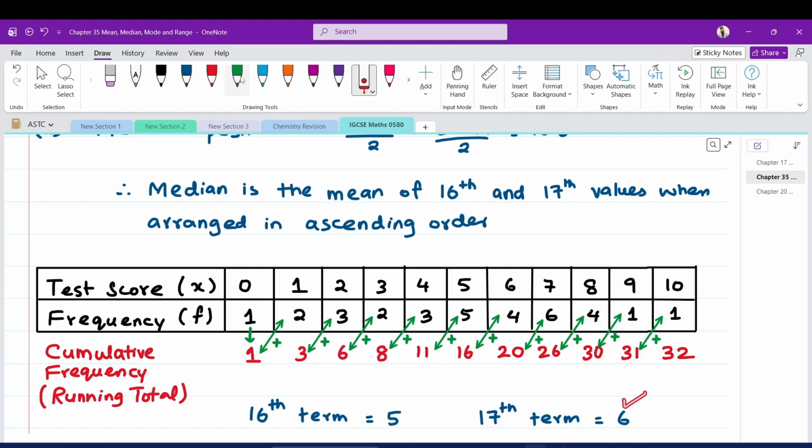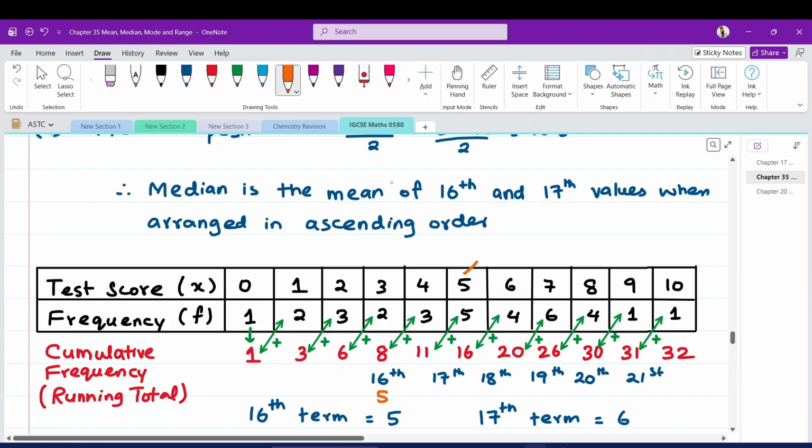Let me explain that one more time in case you missed it. The 16th term is going to be 5. After the 16th term, let me write it in this way. You have the 16th term, then the 17th term, then the 18th, 19th, 20th, and then the 21st.